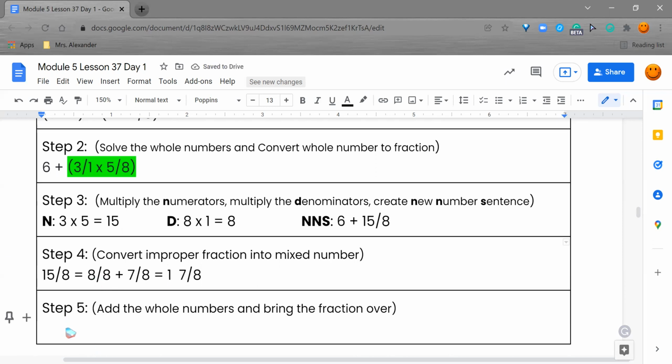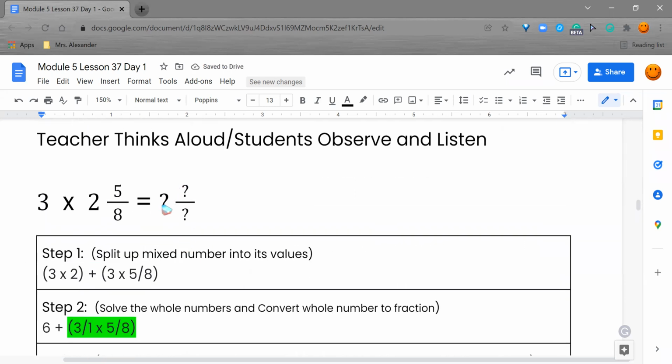Now I'm going to bring my 6 down, and I'm going to add it to the 1 7/8, which gives us 7 7/8. And I'm going to go ahead and put it right up here, because that is our answer to this problem.